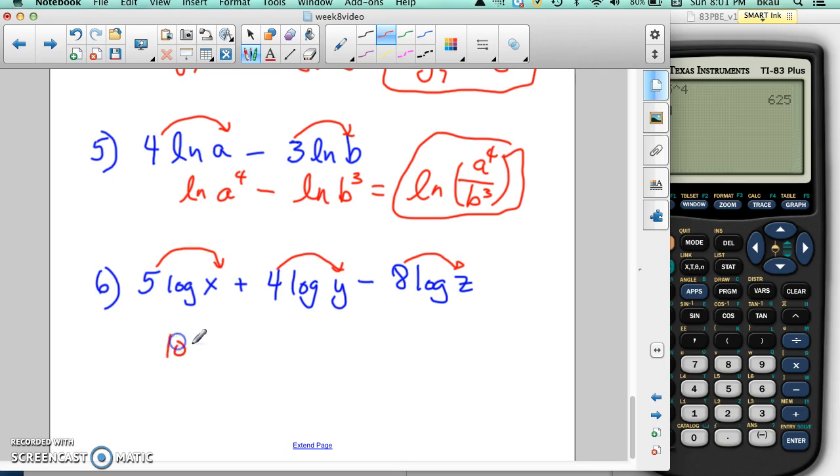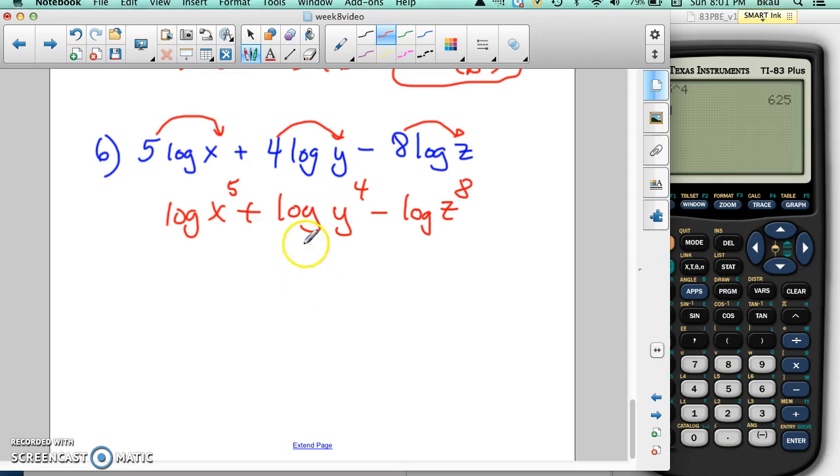So we have log of x to the 5th plus log of y to the 4th minus log z to the 8th. Now in this problem we have a product, so when we combine these two we're going to have log of x to the 5th times y to the 4th minus log of z to the 8th.